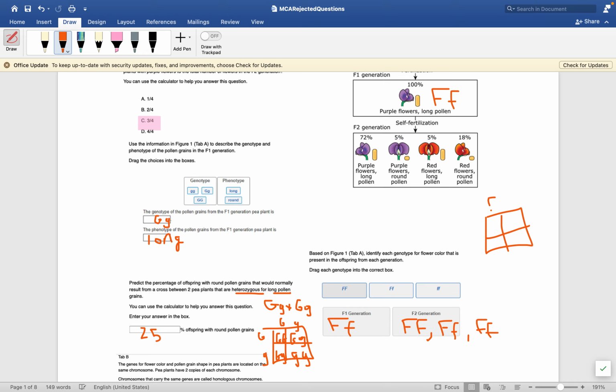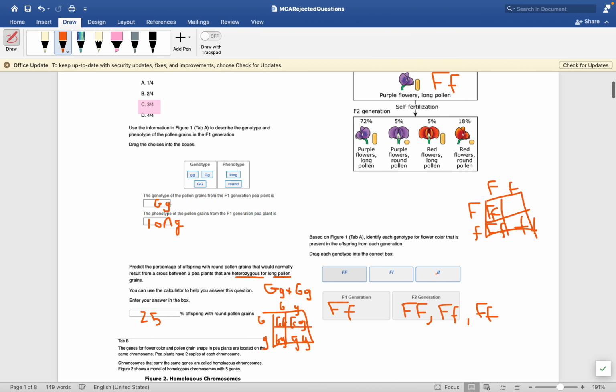So when I allow them to self-pollinate, sorry that I can't do this faster, I see big F, big F, little f, and little f, little f. So in that second generation, you will see all 3 different types of phenotypes. Wow, those Fs did not look like Fs.